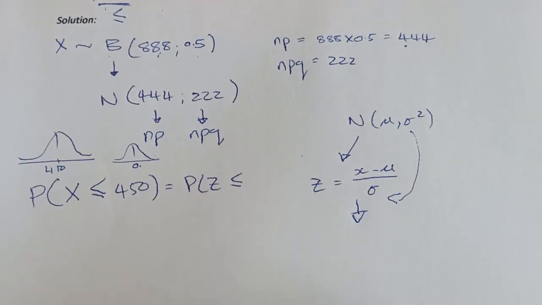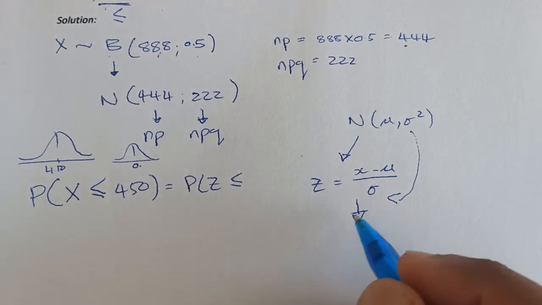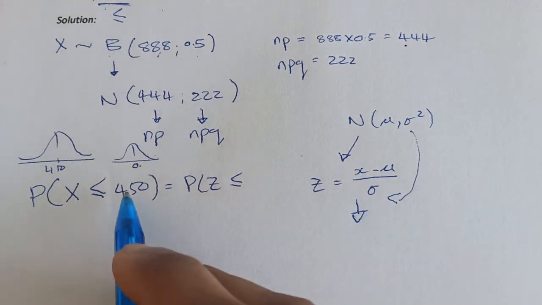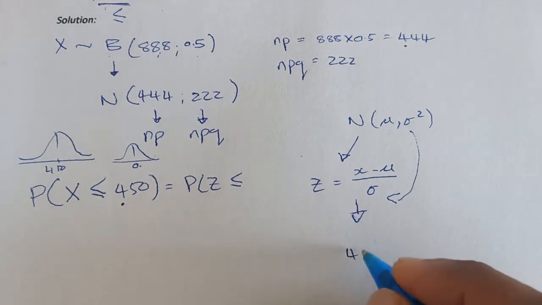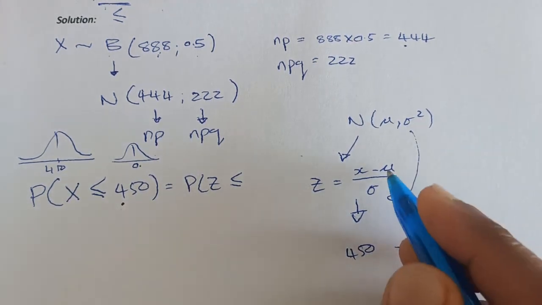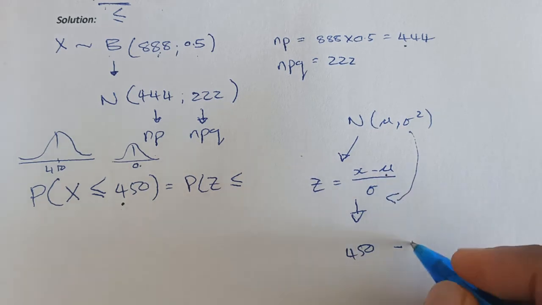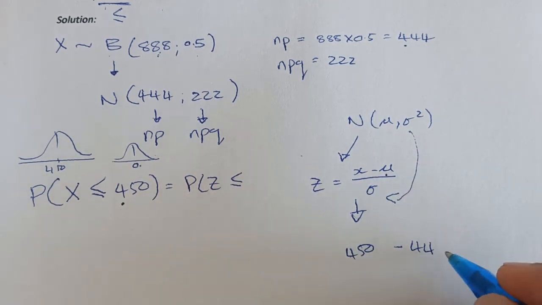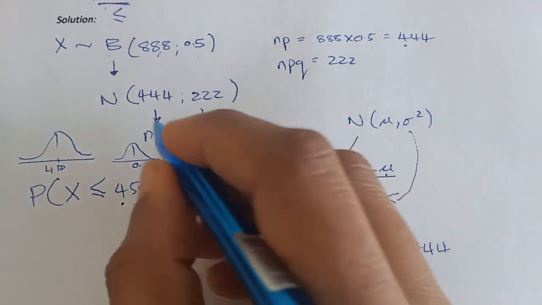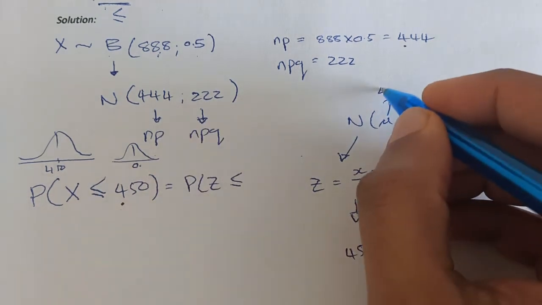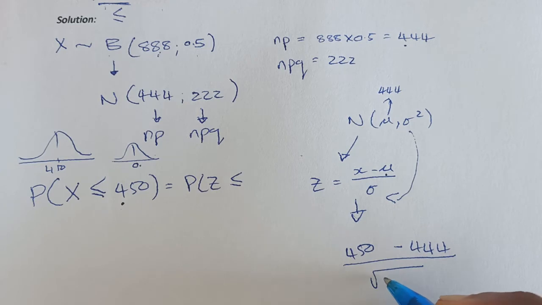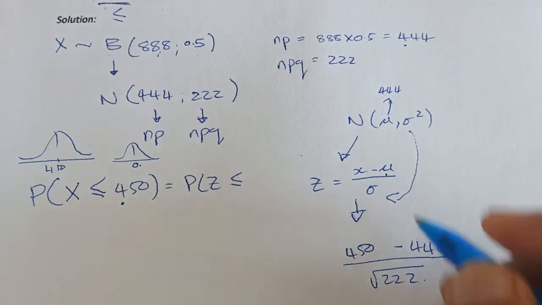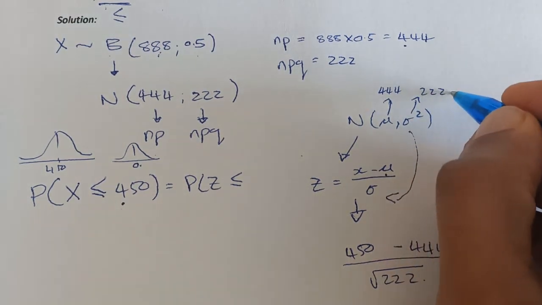And so we calculate the z value now with our x being 450 minus our mean, which is 444. Okay, remember that is 444, and our standard deviation is the square root of the variance, which is 222 in this case.